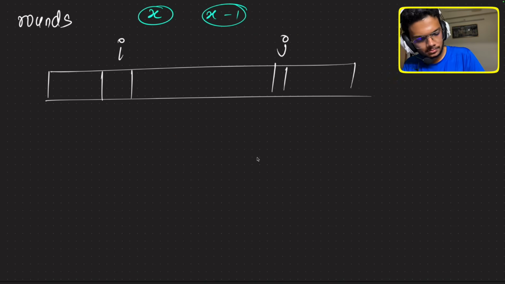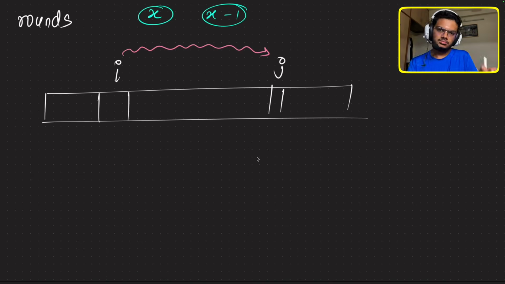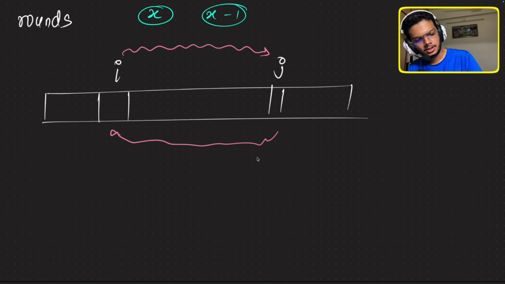Now, you know one thing here: whichever element is at position i goes ahead. This guy moves ahead to j, and when the swap happens, the j guy comes back to i. Now let's say you had element 4 here. Now 4 will go back a few steps.